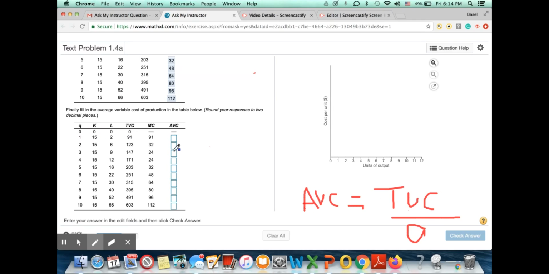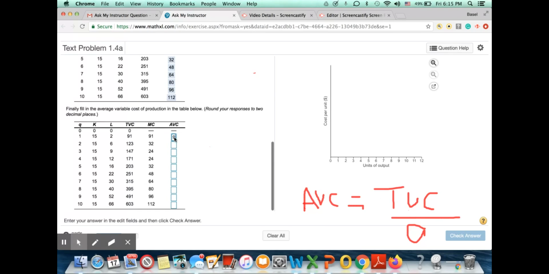So 91 divided by 1. We're going to get 91 in here. 123 divided by 2. I'm going to do it using the calculator, which is faster.